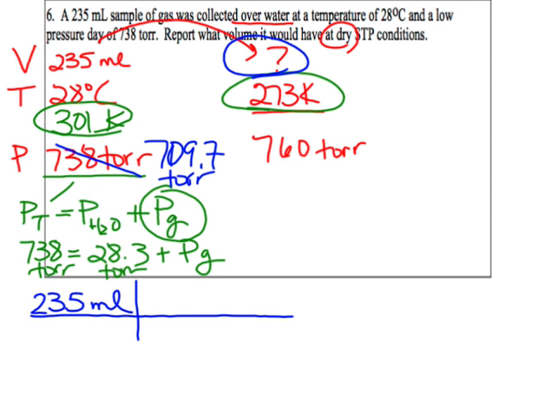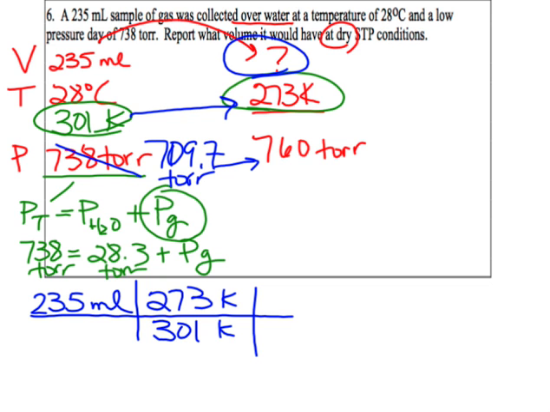Temperature. So what's happening to temperature? It's decreasing. As temperature decreases, what happens to volume? Decreases. So we're going to put 273 over 301.